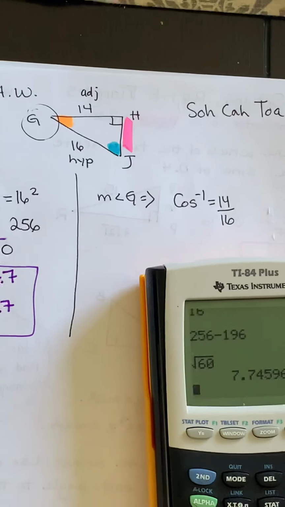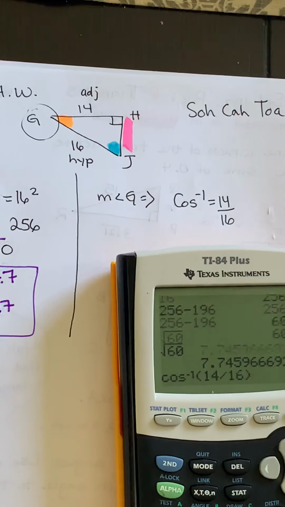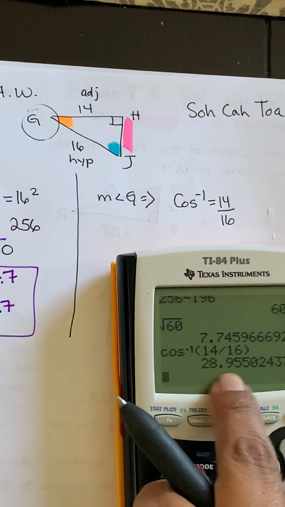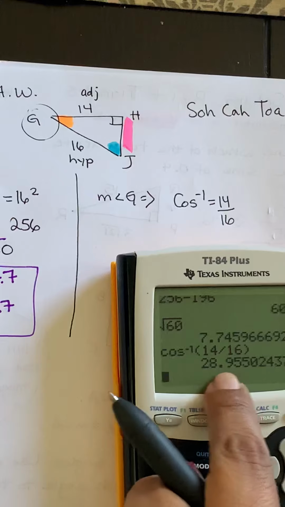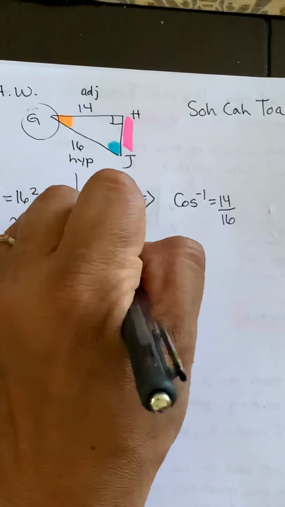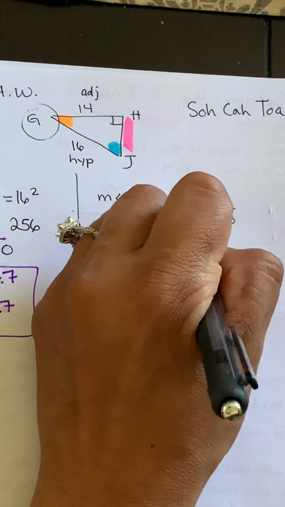What is it? It's actually a degree. So the inverse cosine 14 divided by 16. Again, I'm looking at this, I'm rounding to the nearest tenth. This 5 makes this a 0. That brings it up to 29. So the measure of angle G is 29 degrees.